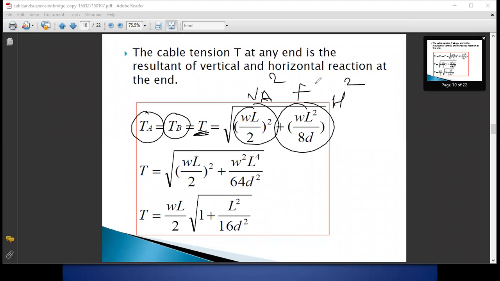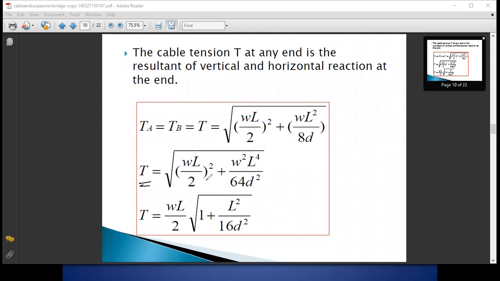So after simplifying, T is equal to, okay, WL by 2 bracket square plus याला स्प्लिट केलं ब्रॅकेटला, ओके, तर हे डब्ल्यू स्क्वेअर, सॉरी एल स्क्वेअर आहे, ब्रॅकेटचं स्क्वेअर पण आहे इथे, ओके, WL square into square, that is W square L4 divided by 64 d square, that is the expansion of this bracket, plus WL by 2 bracket square.